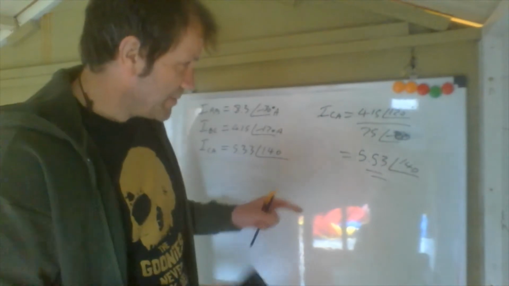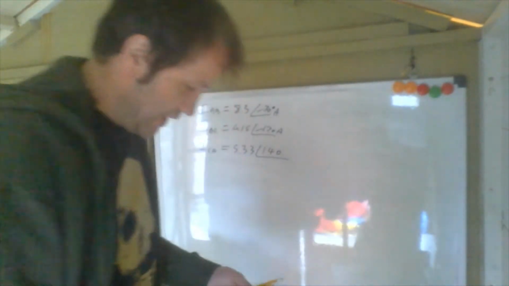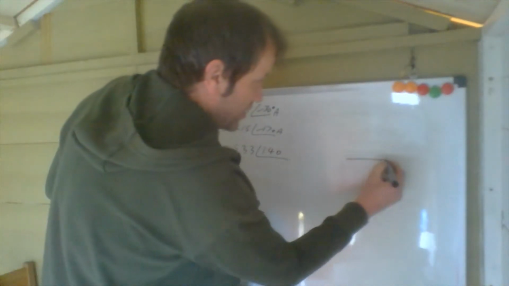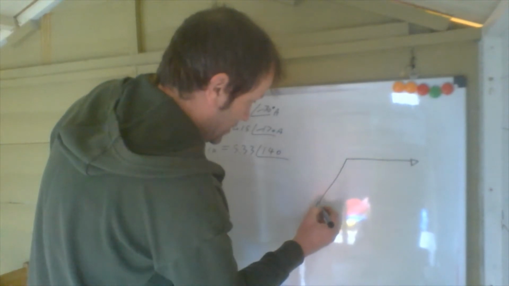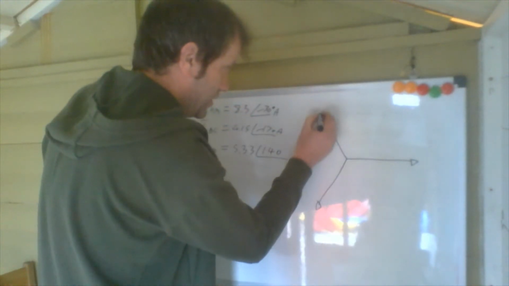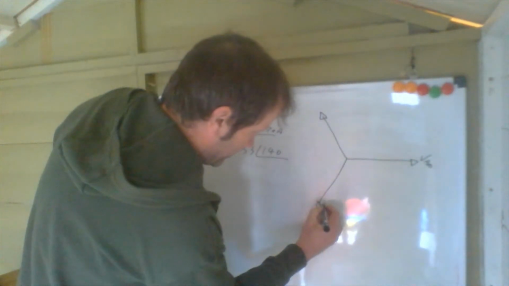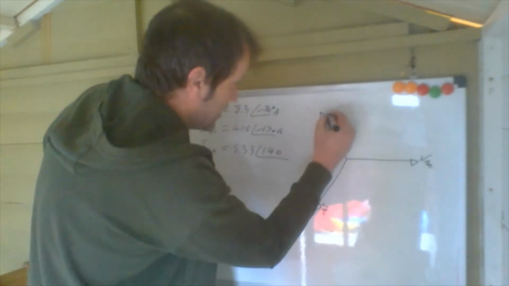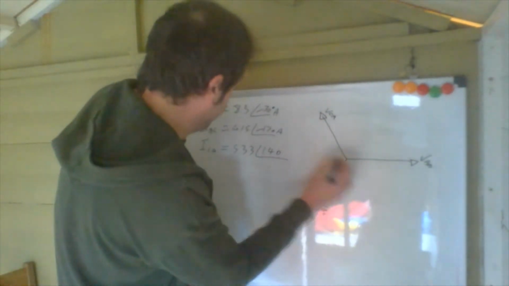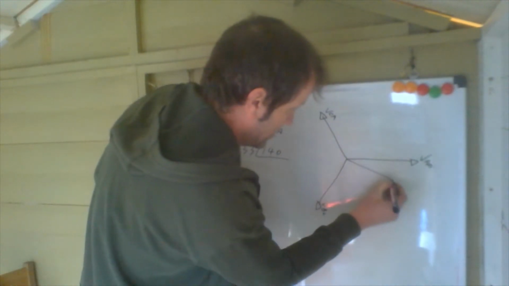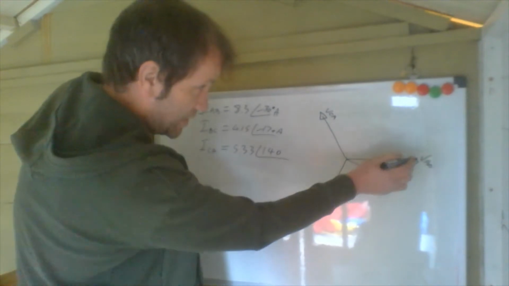So what's going to happen here then, if we look at the vector diagram: VAB, VBC, VCA. Right. This IAB is at minus 30 from VAB.